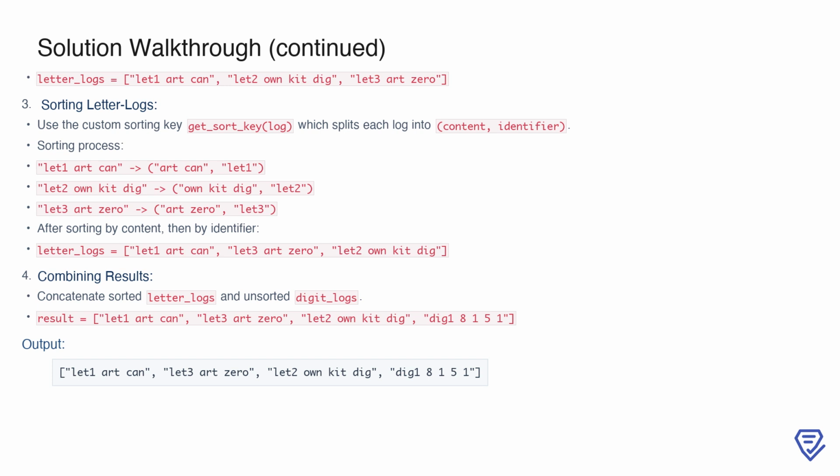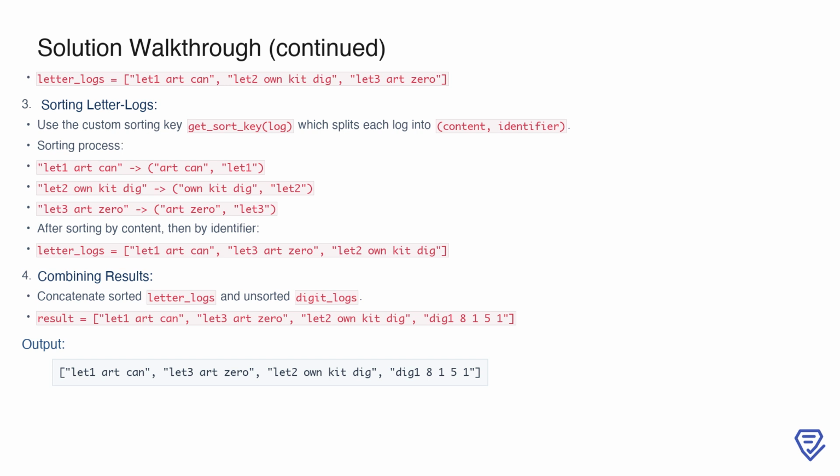For example, let1 art can is split into art can, let1, let2 own kit dig becomes own kit dig, let2, and let3 art zero is split into art zero, let3. After applying this sorting logic, we get the sorted order of letter logs as let1 art can, let3 art zero, and let2 own kit dig.